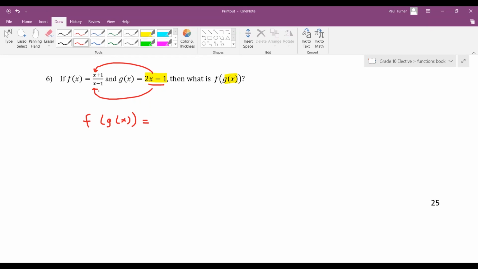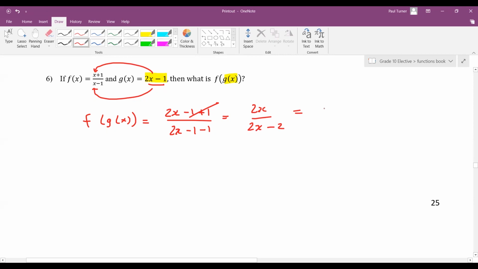Okay, so for question 6, we'll take our g function and put it in. So we're going to have 2x minus 1 plus 1 on the top, then 2x minus 1 minus 1. So this one's fairly straightforward because it's not a complex fraction. So this will cancel. You have 2x on 2x minus 2.